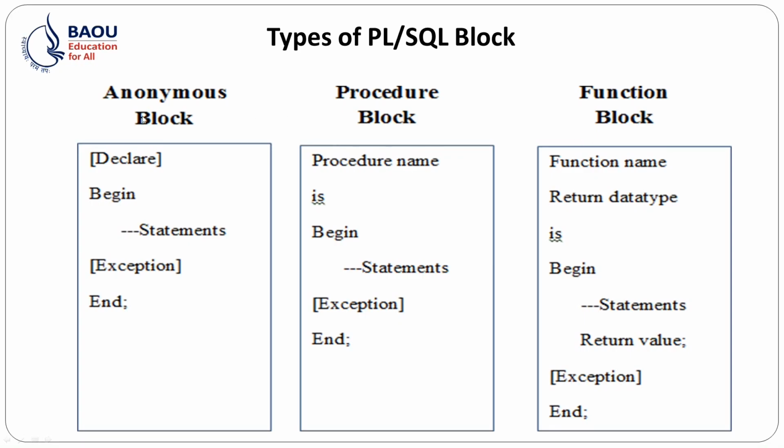In an anonymous block, we directly use begin, and we cannot give a user defined name, but procedures and functions have a user defined name.